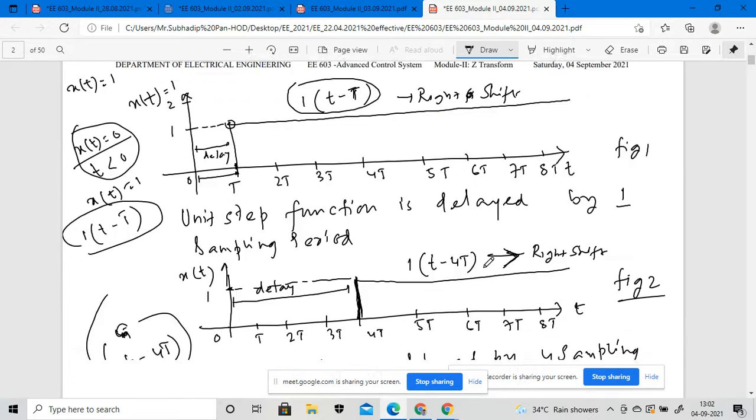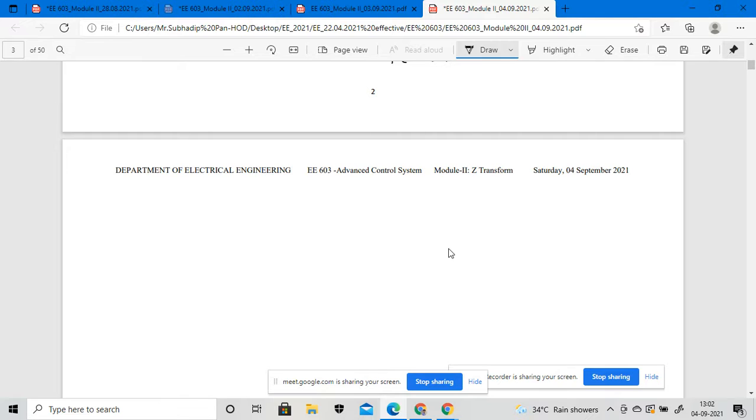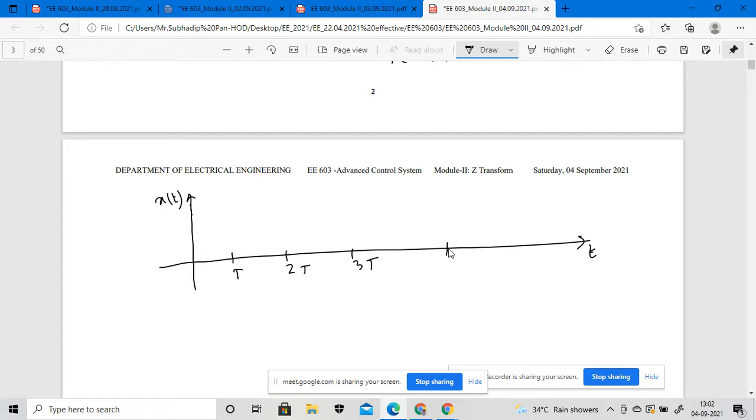But in the case of a left shift, I will redraw these things. Suppose this is x of t and this is t. In this part, this is T, this is 2T, this is 3T, this is 4T, this is 5T, like this. But if we consider the left shift, we do minus T, minus 2T, minus 3T, like this, right?